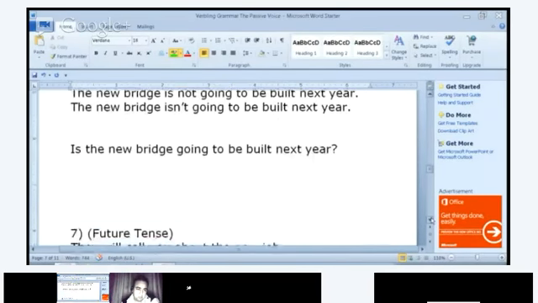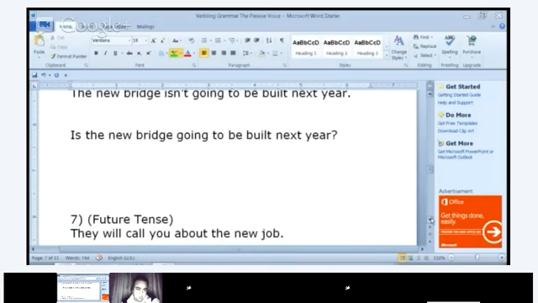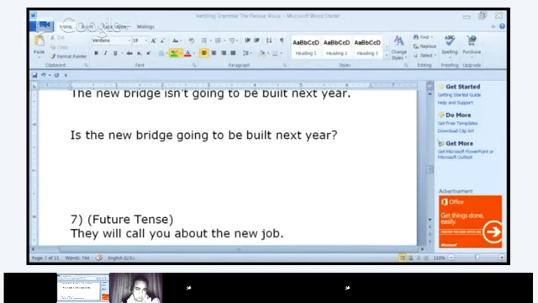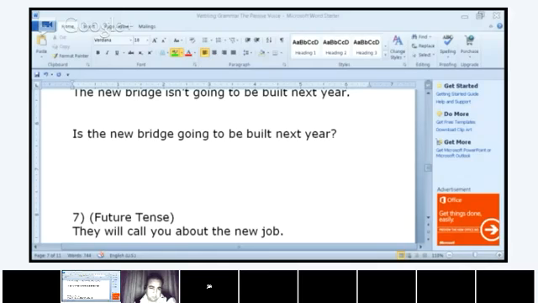We have another example, future tense with will. Somebody can practice reading that out if they'd like. How about a negative form and the question form? They won't call you about the new job. Aha, okay, so they won't call you about the new job, and won't is the contraction of will not.